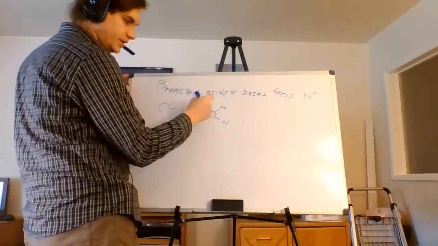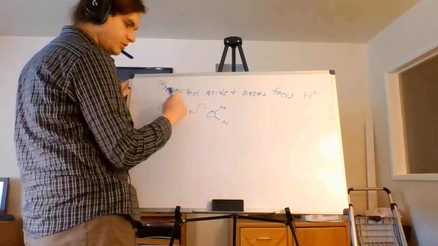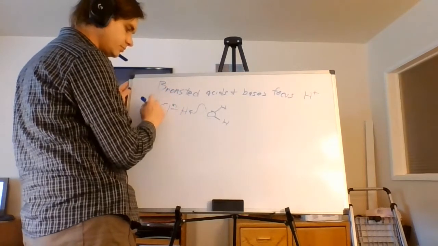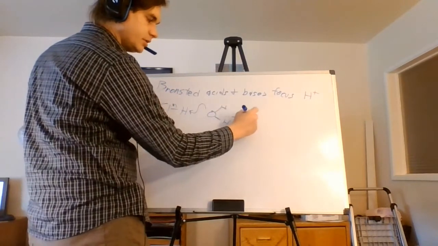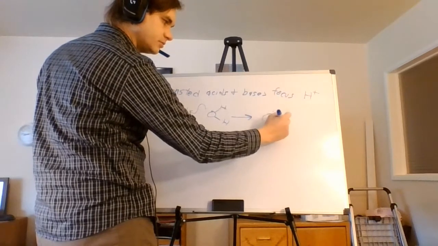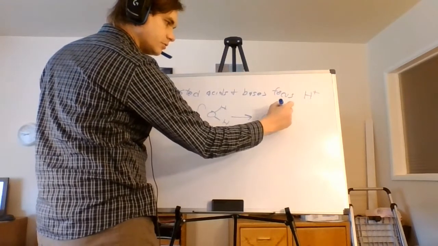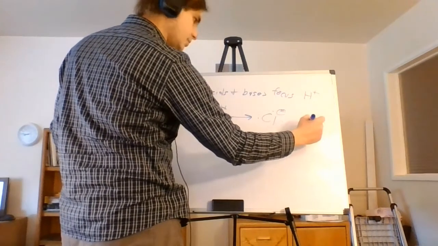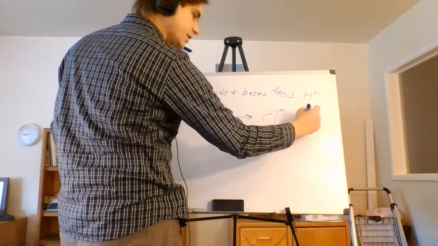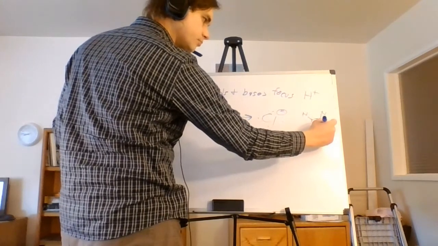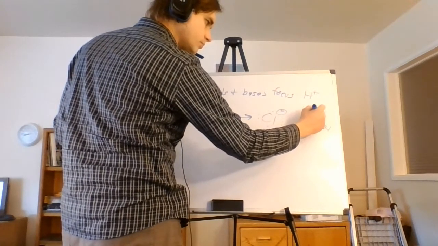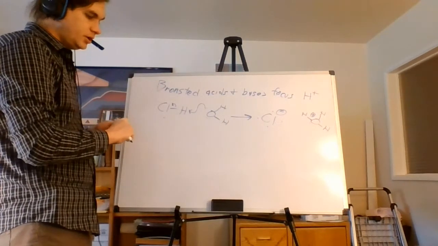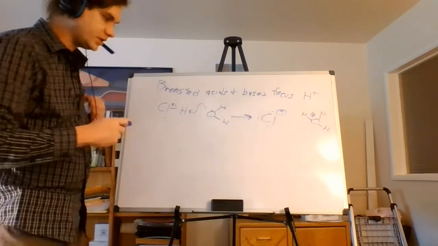Then they collide, and one of the lone pairs on the water can go and grab the H, and that gives us a chloride ion and the protonated water, aka hydronium ion.